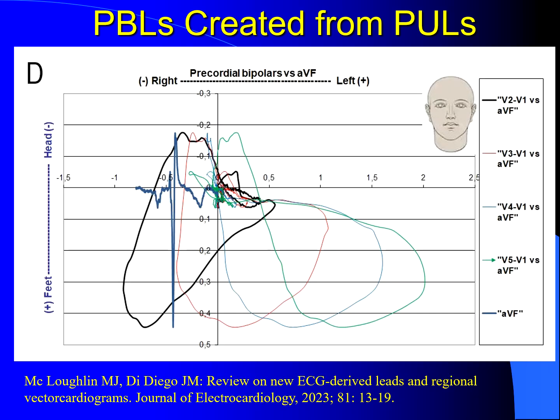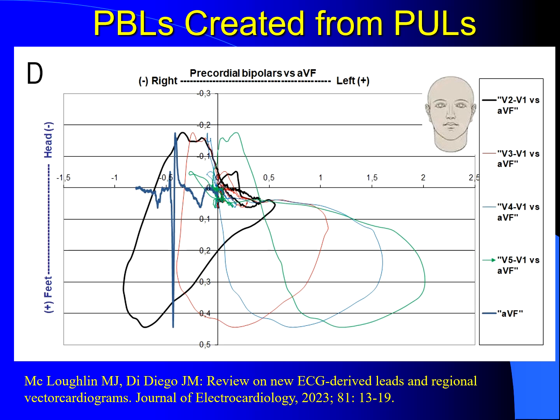Panel D on this slide takes as a reference the aVF lead and uses different PBLs to build different loops in the frontal plane. In this case, the PUL B1 has been used as the negative electrode of all the PBLs, and B2, B3, and B4 as the positive ones.